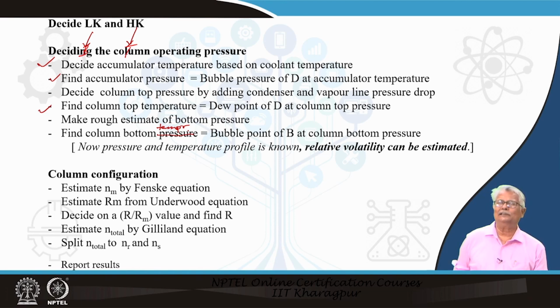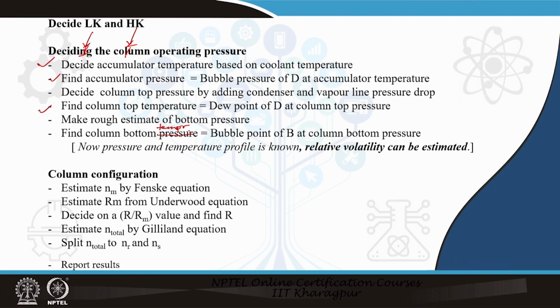We find out the N total required, that is the total number of trays actually required as per the Gilliland equation, and the efficiency assuming around 0.7. We split this N total to the number in the rectification section and the stripping section, and we report the results.